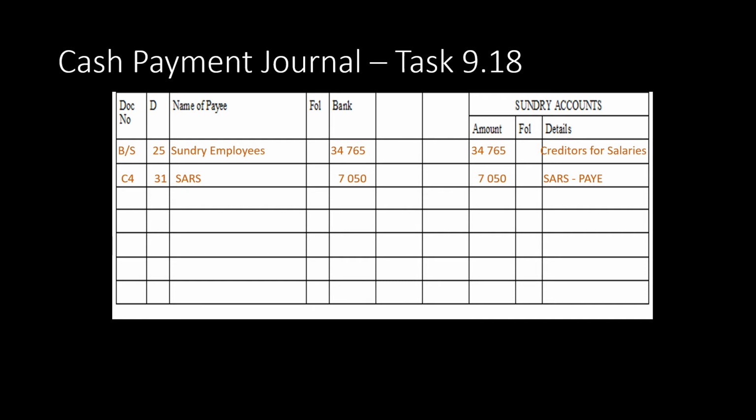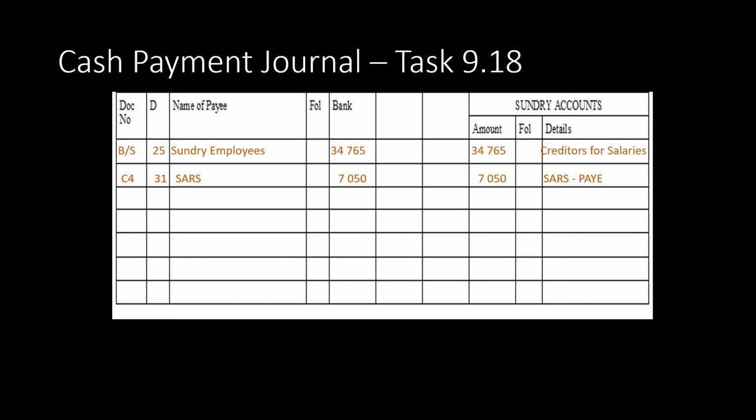So let's just go back to our net salary. Under the name of payee, it says sundry employees because we're adding all the amounts together and we are making one payment. So that is why we're not listing every single employee's name in our cash payments journal.